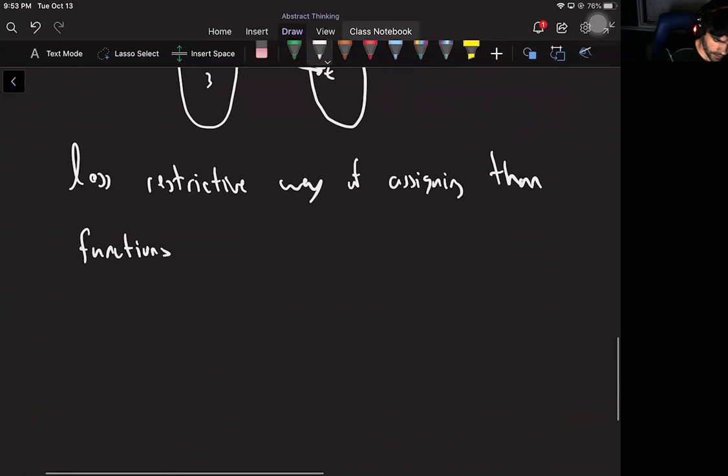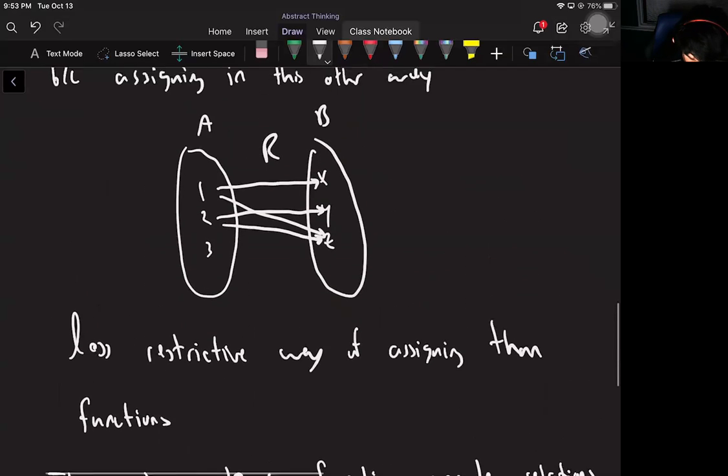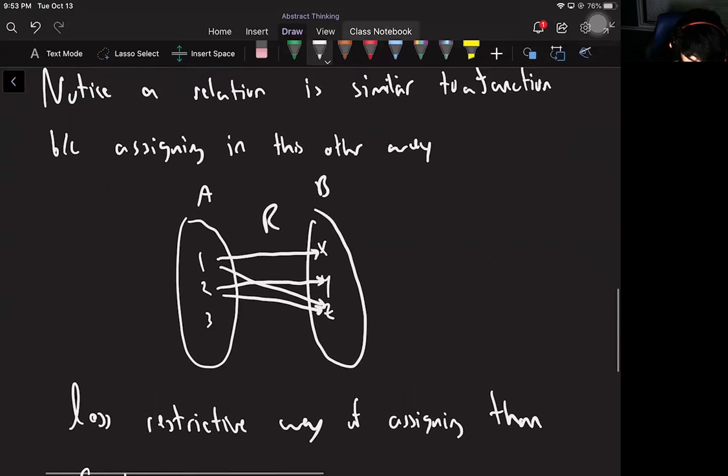Okay, so what this also does, this sort of shows how functions create relations. Because the idea is that a relation has fewer restrictions than a function.